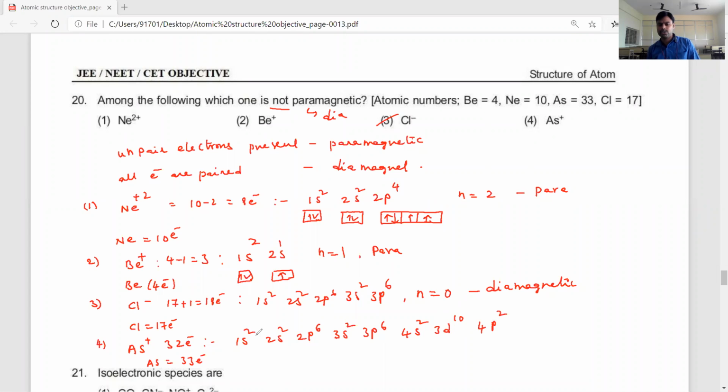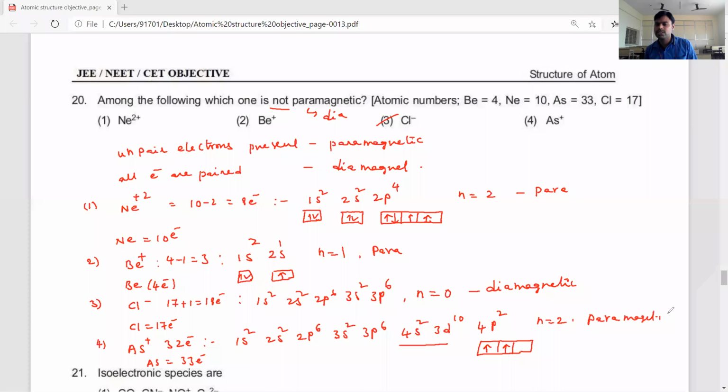Up to 3d it is completely filled. In 4p2, the 4p subshell has 3 orbitals but contains 2 electrons. According to Hund's rule, they are filled with one electron each, so n is equal to 2. Then it is paramagnetic.